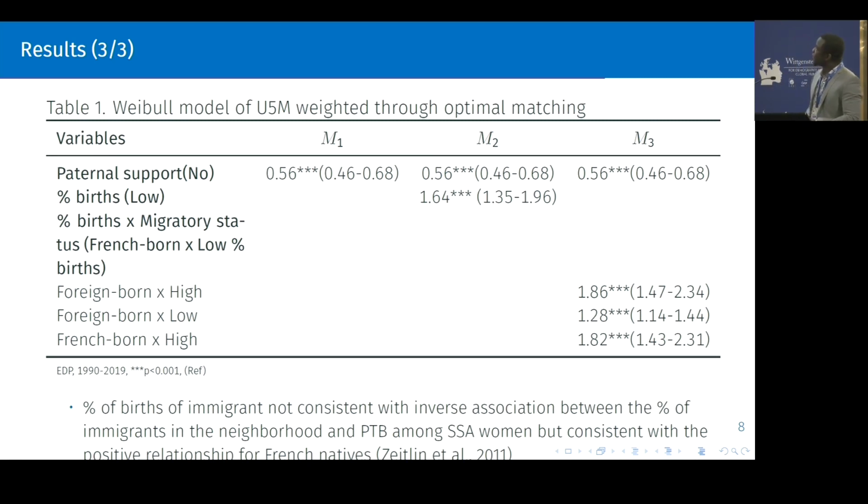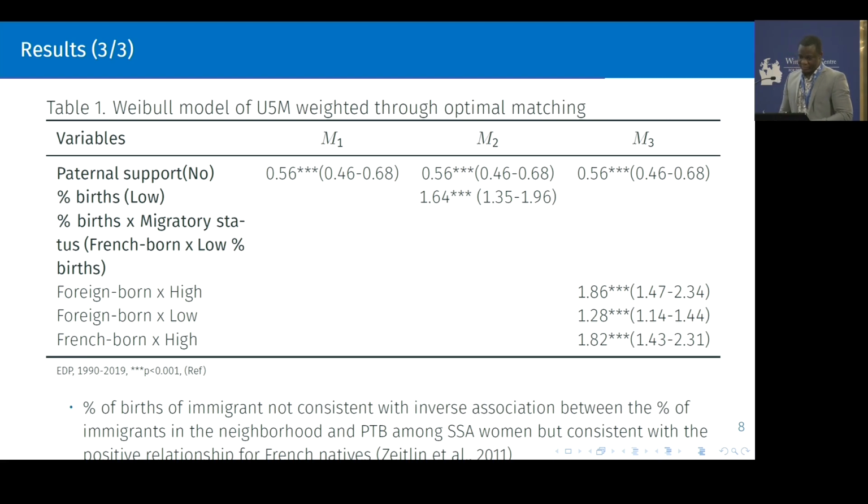This is a summary result of 3 models, just for infant characteristics and parental characteristics. The third line indicates the effect of paternal support during infant birth, and we can note that paternal support contributes to reduce under-5 mortality.